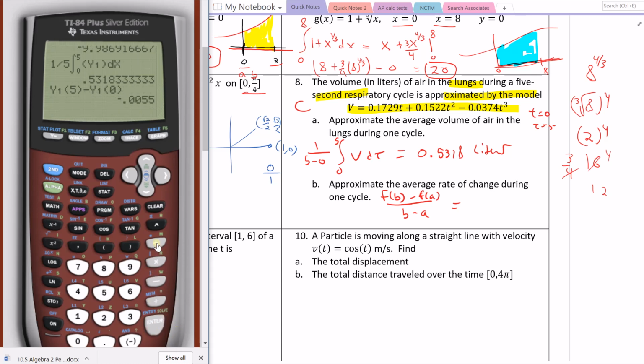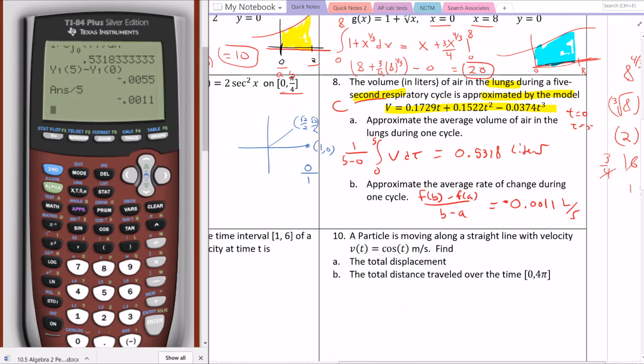So this divided by 5, and we get negative 0.0011. And this would be liters per second.